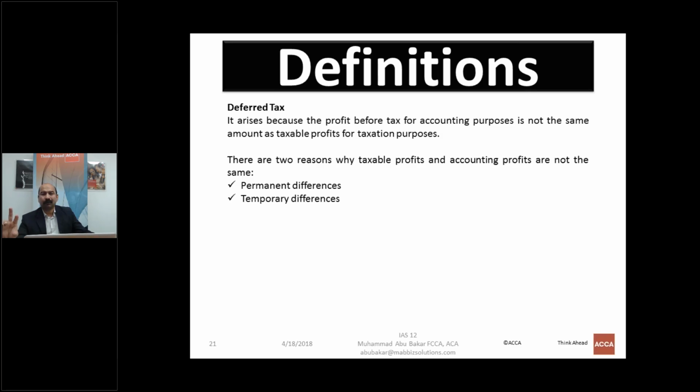What will be the name for that difference? Taxable, deductible, and when we multiply the tax rate with the taxable or deductible difference, where do we reach? These were important rules. And the next thing to memorize is that a permanent difference will never result in deferred tax. Only a temporary difference will result in deferred tax.